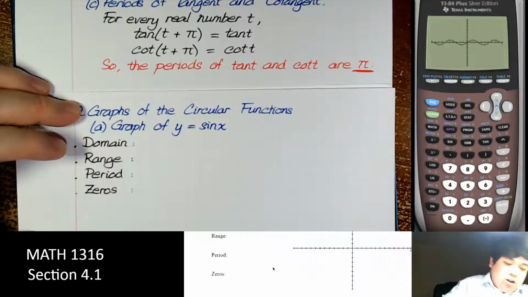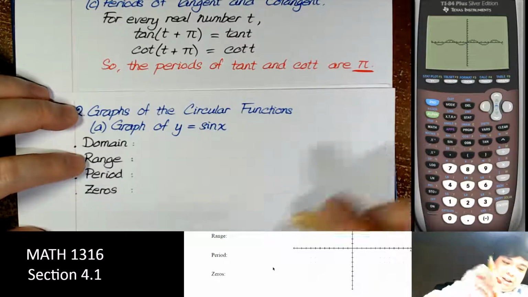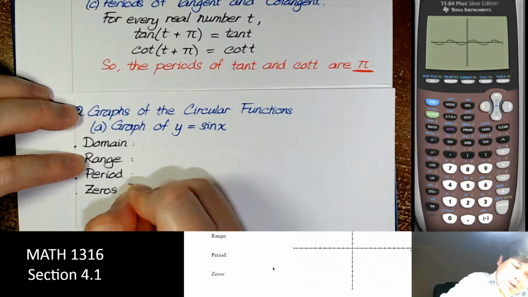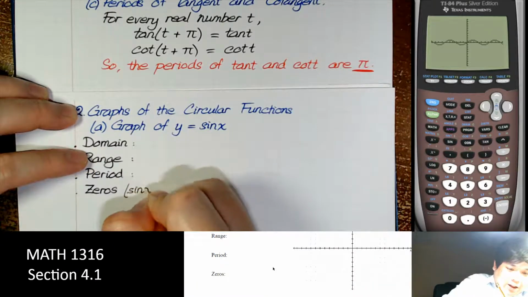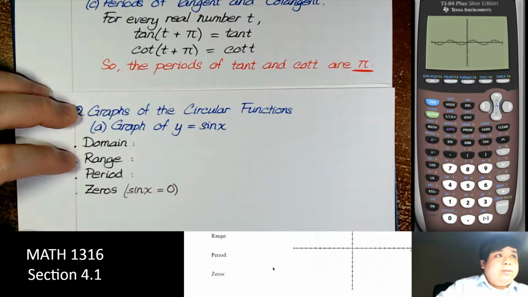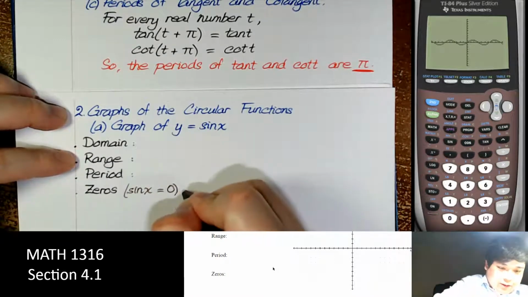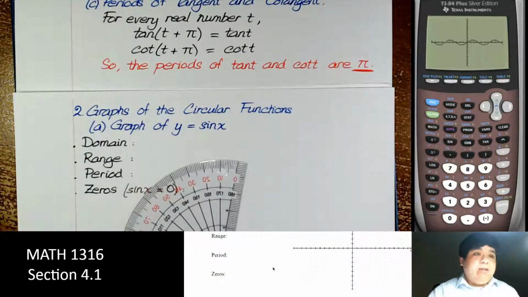Zero is where the function equals 0. Zero is where we have sine x equal to 0. And over here we have the graph.